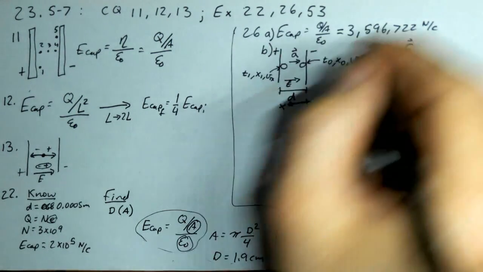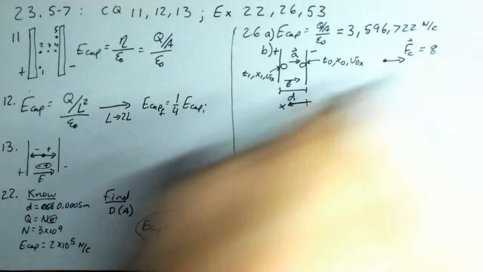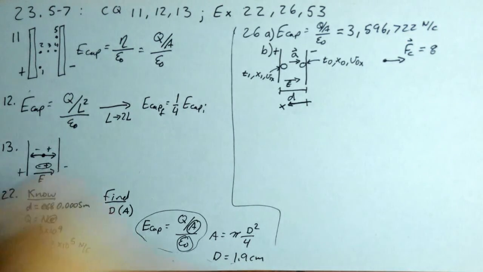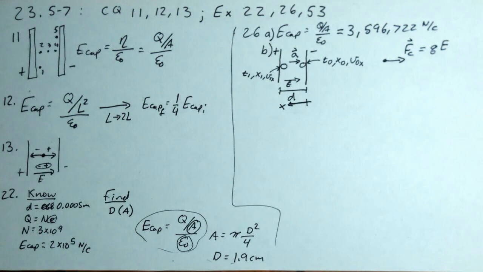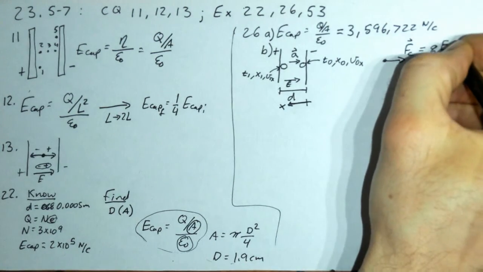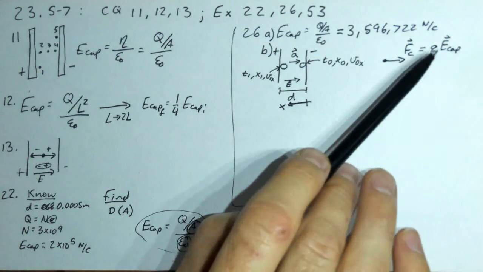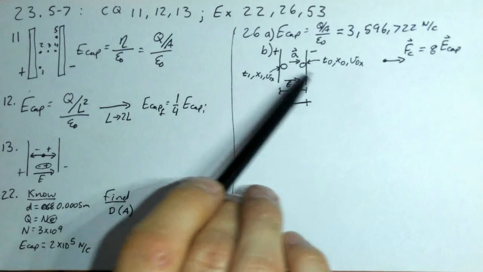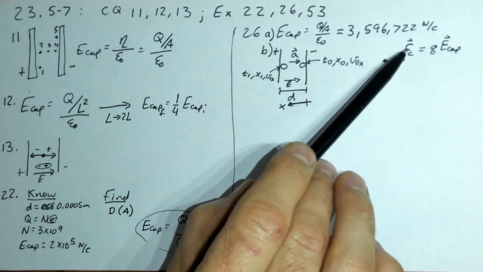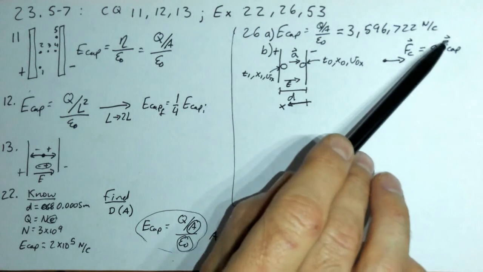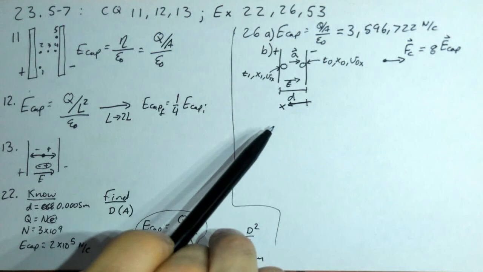I know that the Coulomb force is equal to the charge of the particle, the proton, times the electric field from whatever is acting on it. In this case, that's the capacitor, so I'll put CAP here. The capacitor electric field points from positive to negative. Q is a proton, so it's positive, so the force is in the same direction as the electric field, which is true because we know the acceleration should be that way.